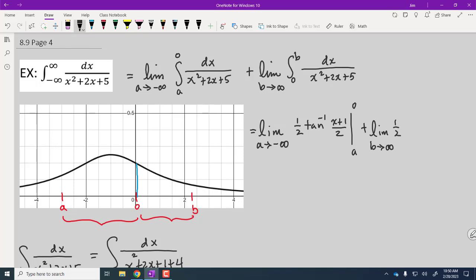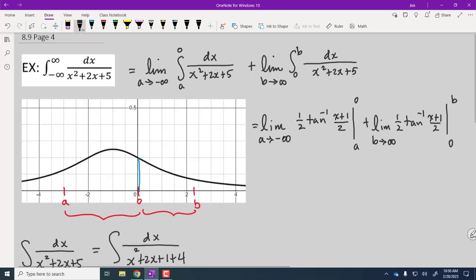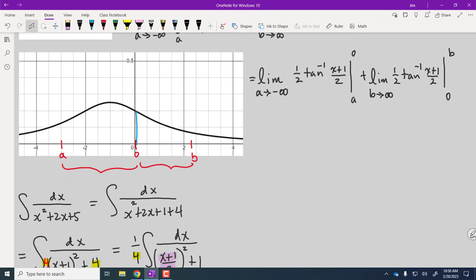Same antiderivative, 1/2 arctan of x plus 1 over 2, but this is going to go from 0 to b. All right, any snags up to that moment? Okay with that?